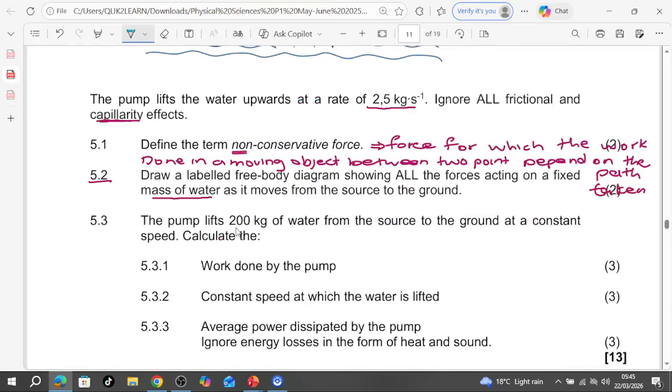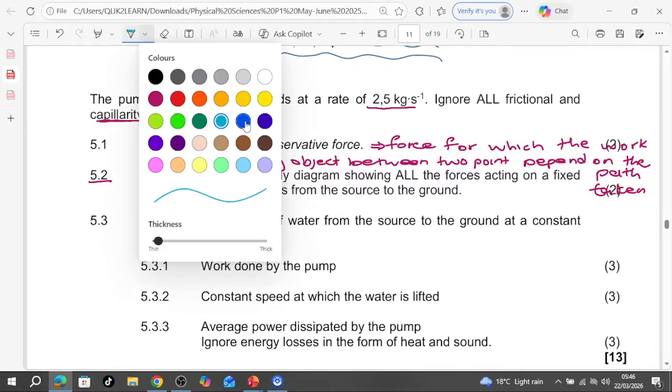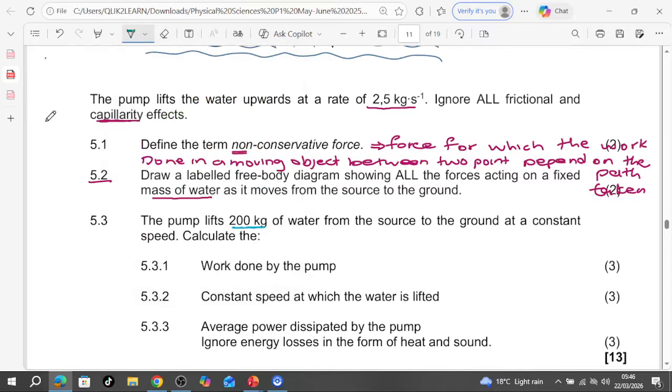Now, let's continue answering this question. The pump lifts 200 kg of water from the source to the ground at a constant speed. Calculate the work done by the pump. Remember, whatever you do, if you don't know how to answer the question, start from what the question is saying: the work done by the pump.